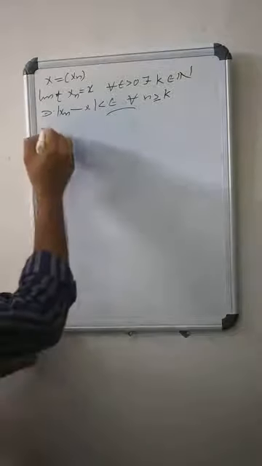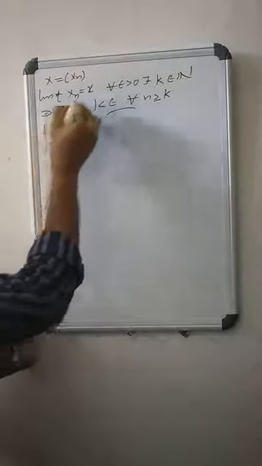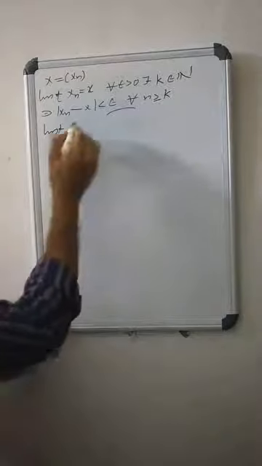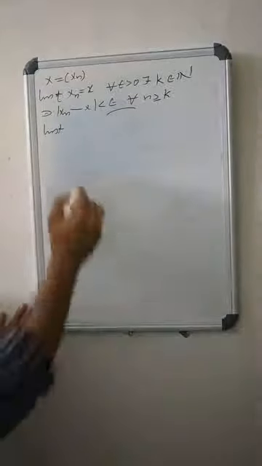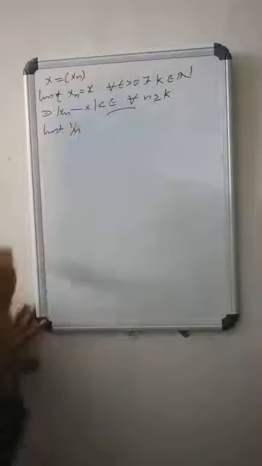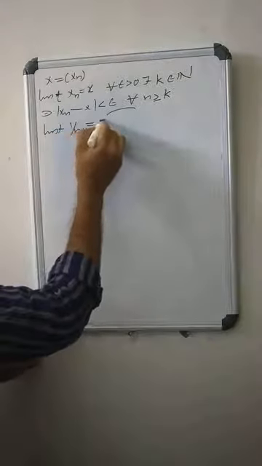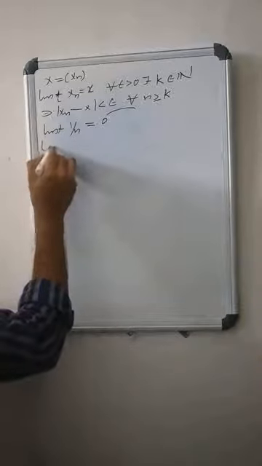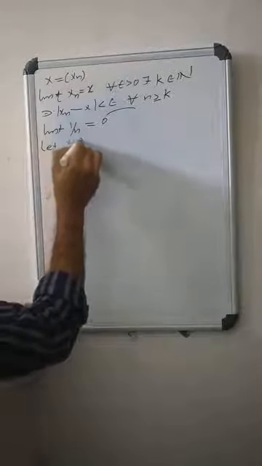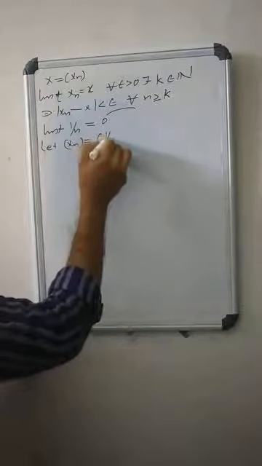Then, what about the limit using this argument? We try to compute the limit of some sequences. What is the limit of 1 by n? How do we prove that limit 1 by n equals 0? Let the sequence xn equal 1 by n.